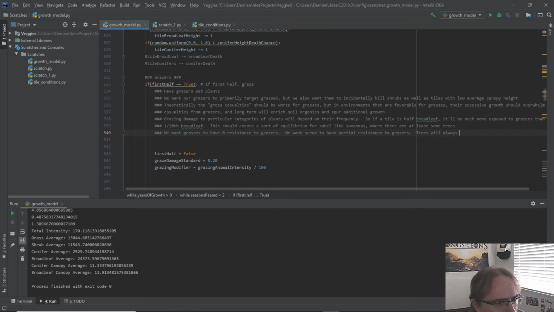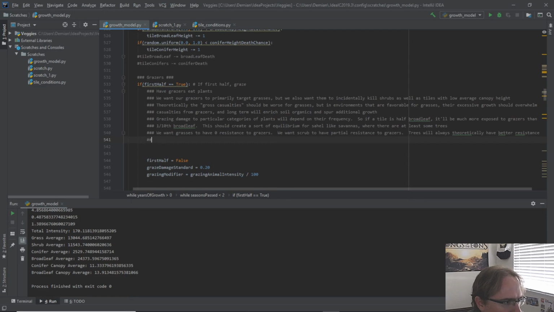Trees will always theoretically have better resistance to grazers than scrub, but the extent of that resistance will depend heavily on canopy height average. Because a bison cannot eat a 20-meter tall tree.